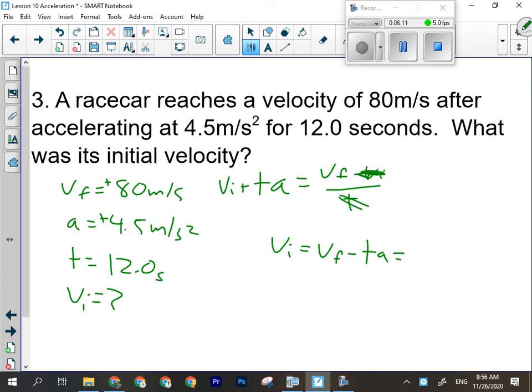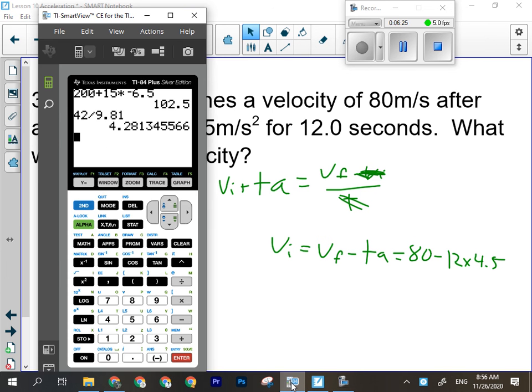Right? And when we plug in our numbers here, that's going to be 80 minus 12 times 4.5. All right, so our initial velocity was 26 meters per second.